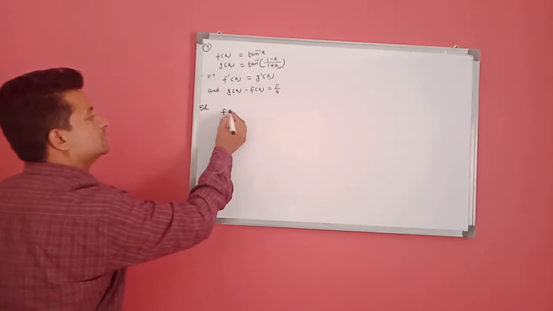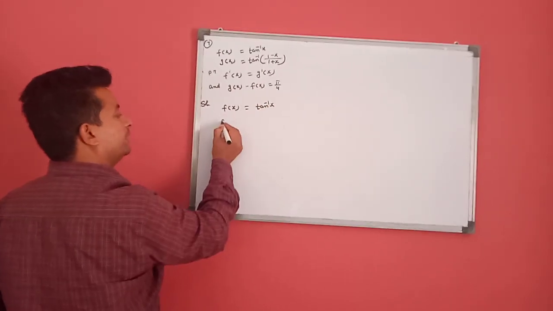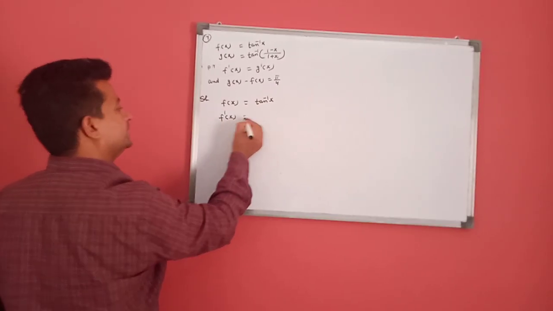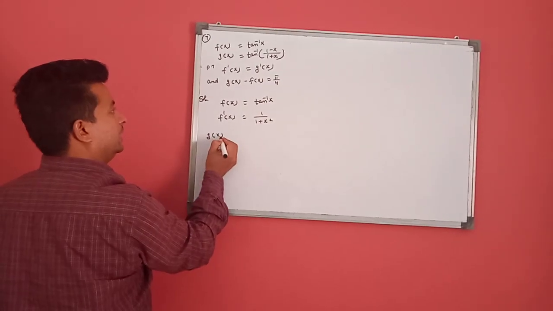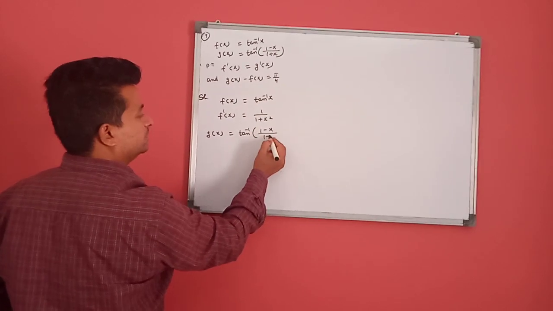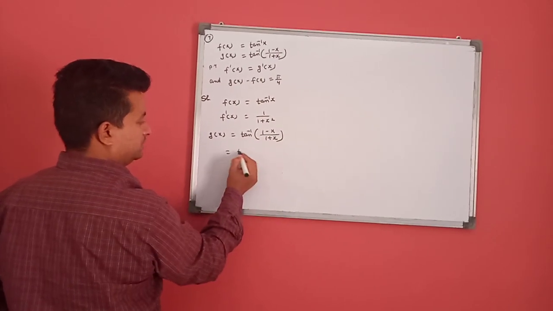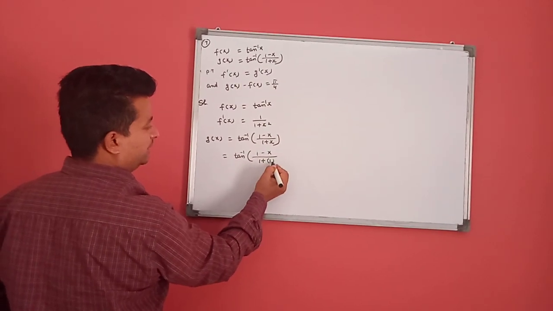In question number 7, the statement is f(x) equals tan⁻¹x. When we differentiate this, we get 1 upon 1 plus x², and g(x) is tan⁻¹((1 + x)/(1 − x)). We write it as (1 + 1·x).